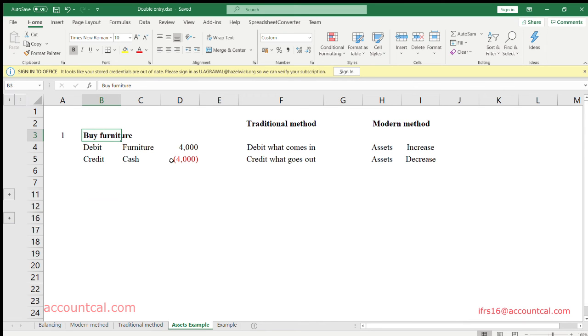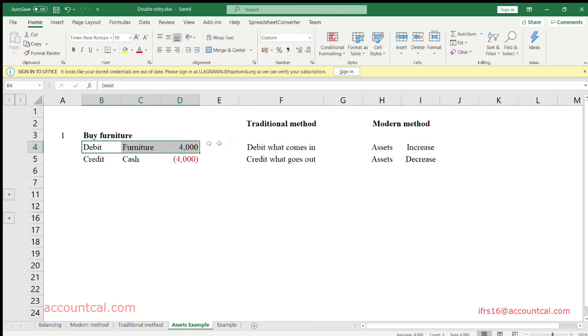So our transaction is simple. We buy some furniture for 4000 and we pay cash of 4000. Furniture is an asset. If you go for the modern approach, it says if an asset increases, you debit that asset.